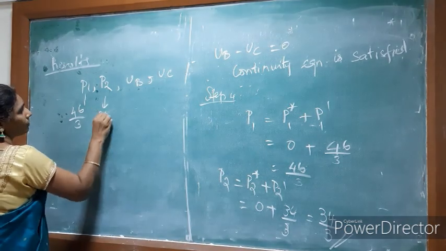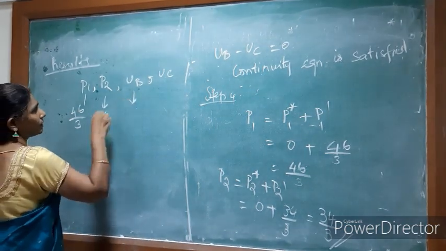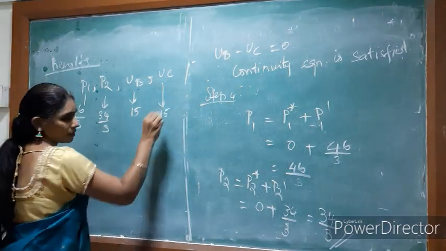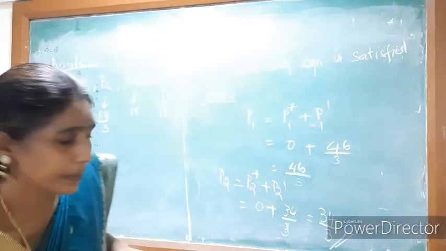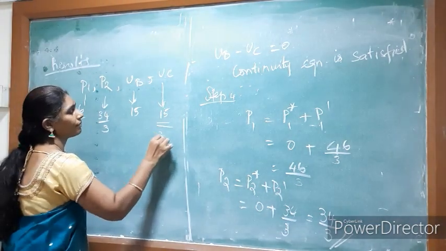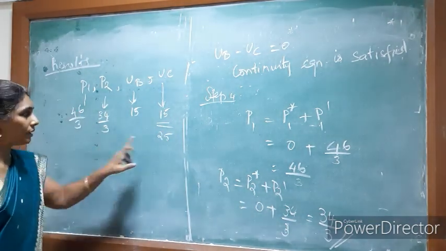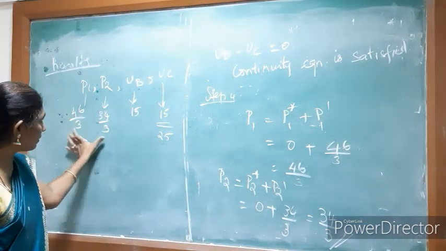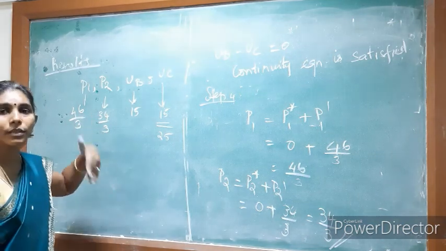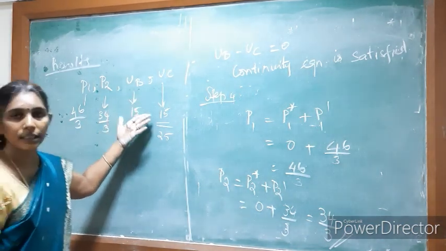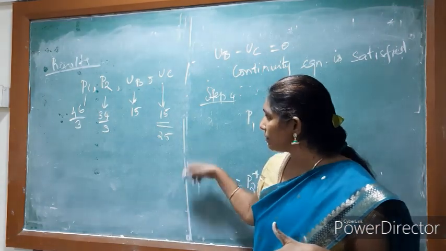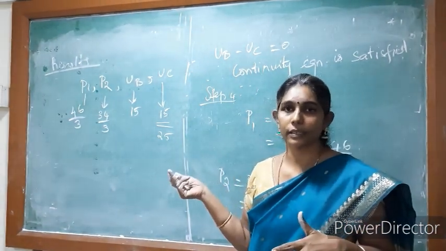This is 34 by 3 and this is 15 and again this is 15. Okay. Now say for example, you didn't get either one as 15 and say it is 25. What you would have done? Again you would have gone for the revised values. So based on the revised value, again you go calculate the velocities at the two particular points, right? So it keeps on going for a number of iterations, right?